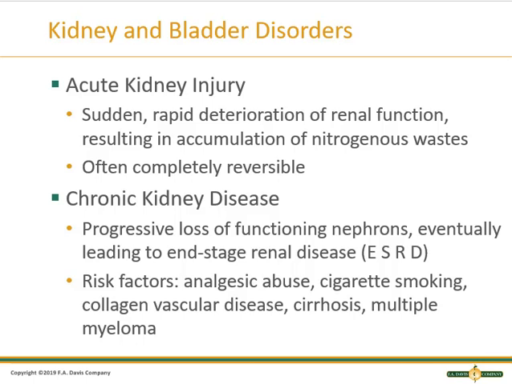Management includes determining and trying to control the underlying causes, monitoring for changes in renal function, and trying to conserve function, treatment of the physiological effects of chronic kidney disease, and instituting treatments such as dialysis or renal transplantation as needed.